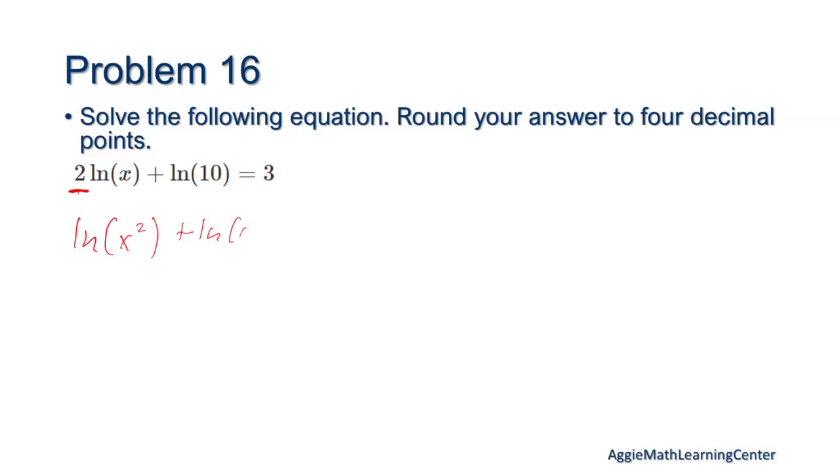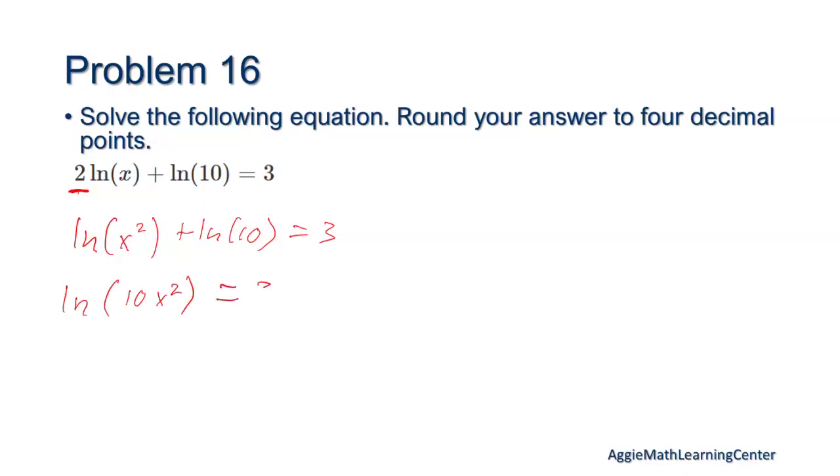And you still have the natural log of 10, and that equals 3. Another property is that if you're adding logs together, you can multiply what's inside those logs together. So this would become the natural log of 10 times x squared, equals 3.